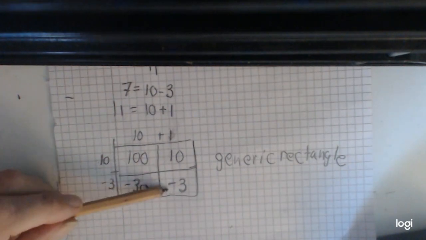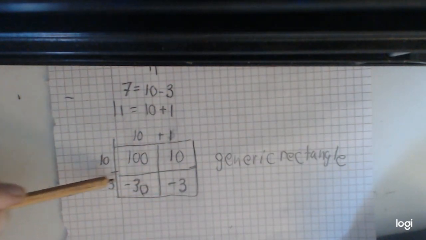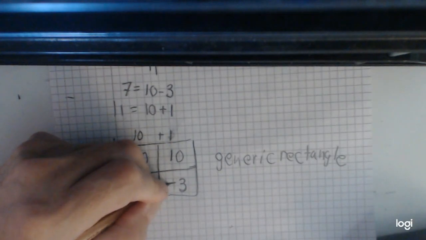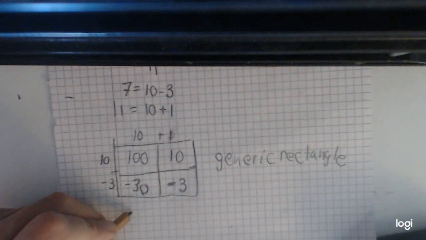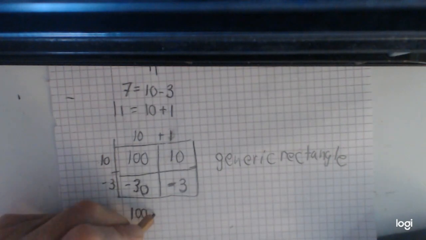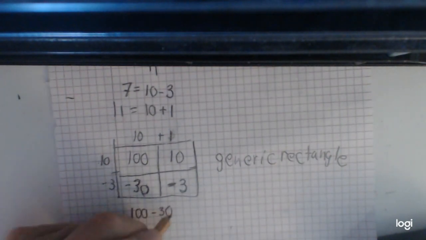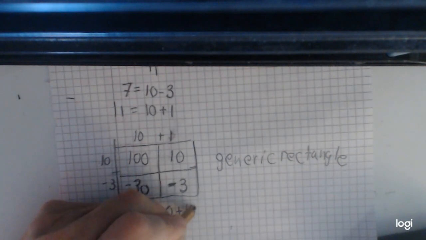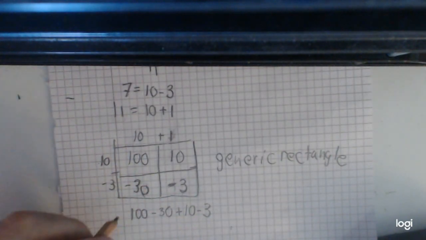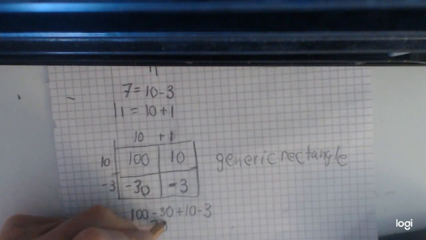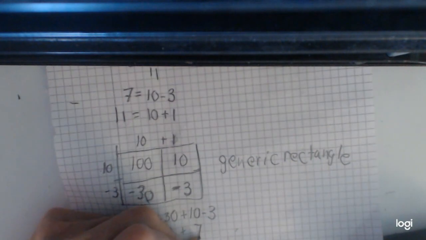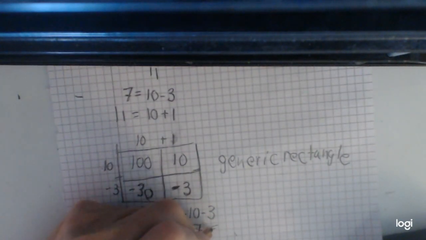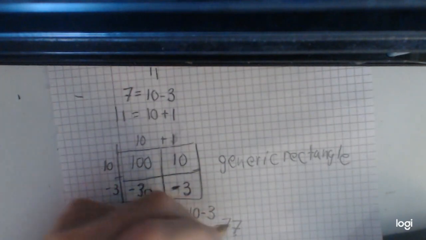And this one here is 1 times minus 3, that is minus 3. So what you have here is 100 minus 30 plus 10 minus 3. That is 70 plus 7. That is 77.